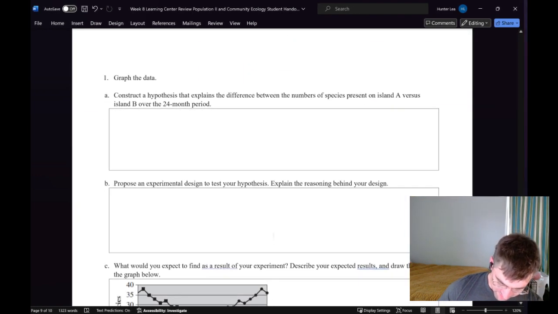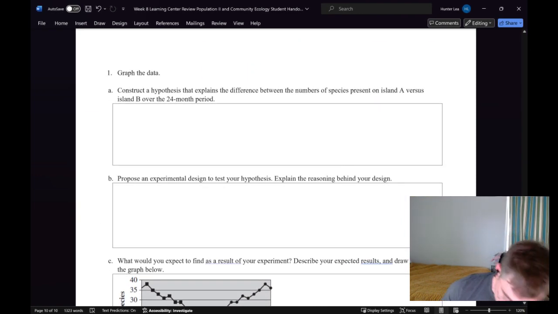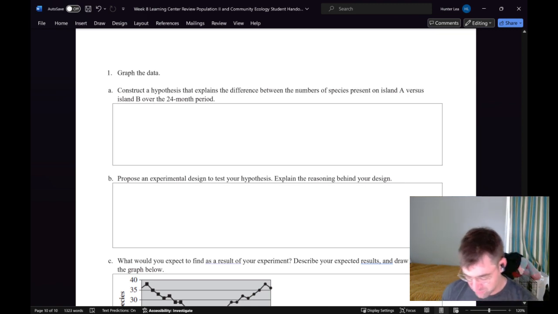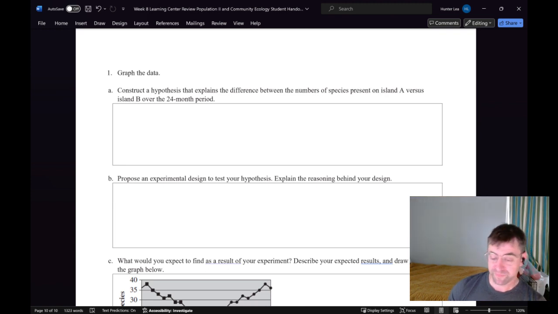Graph the data, done. Construct a hypothesis that explains the difference between the numbers of species present on Island A versus Island B over the 24-month period. There could be lots of things here, right? The decline was so extreme that we might call the snakes a keystone species. They're so important to the stability of this ecosystem that it collapsed as soon as you removed them.